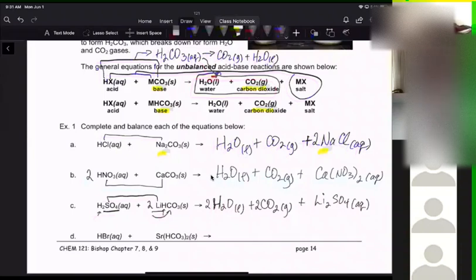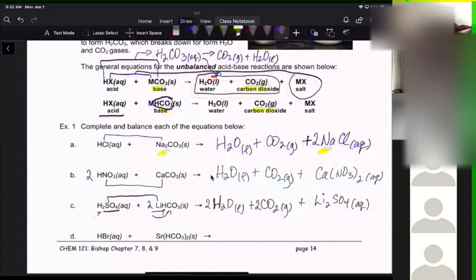All right, in the next one, again, that hydrogen carbonate, if it's just a double replacement, then that will stay together as a unit. But if it's a gas evolution neutralization, then that HCO3 is going to be broken down by the strong acid.